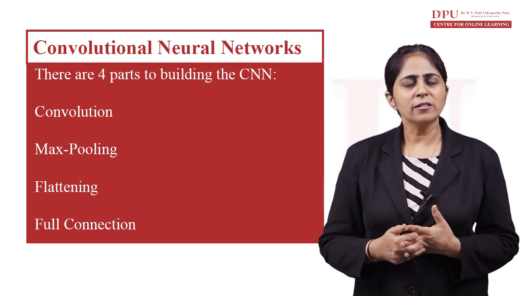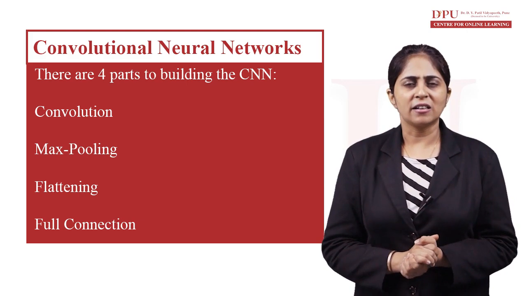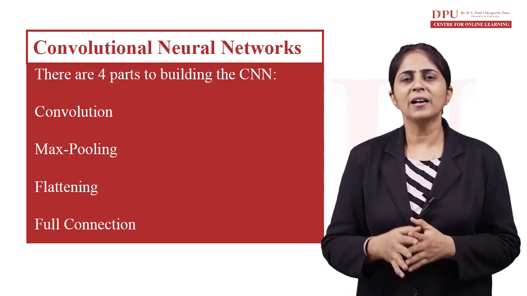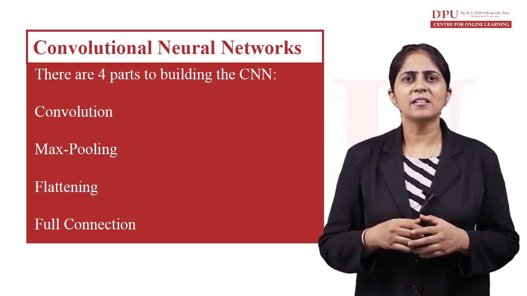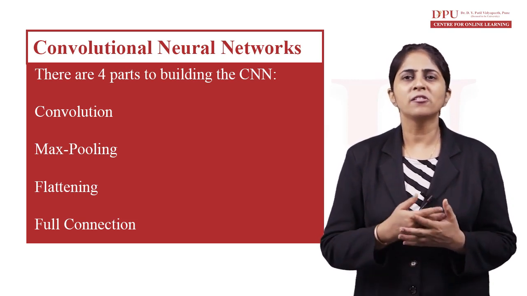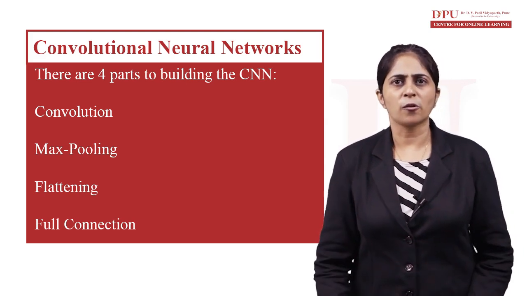Now, again the question comes: when to use it? When we have an image data set, including OCR, optical character recognition analysis. Input data is a 2-dimensional feed, but it can be converted to one-dimensional internally for faster processing.